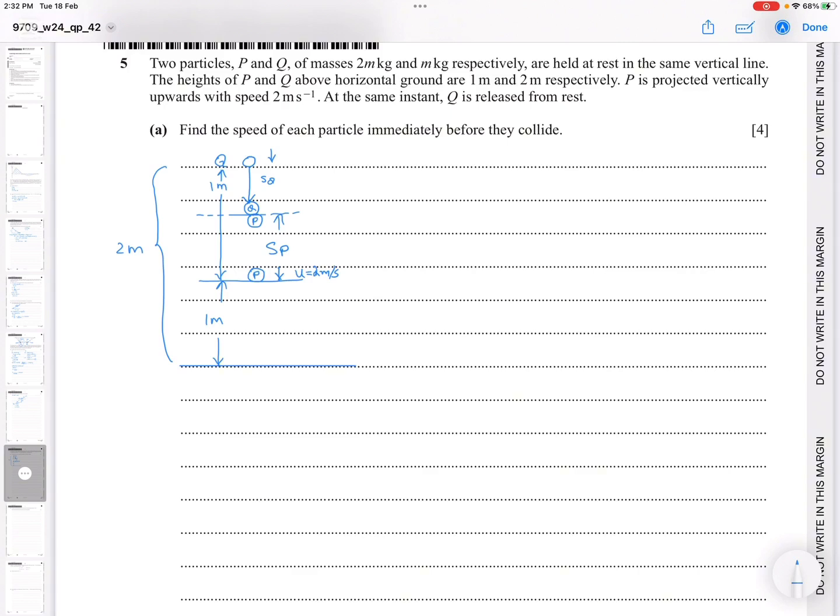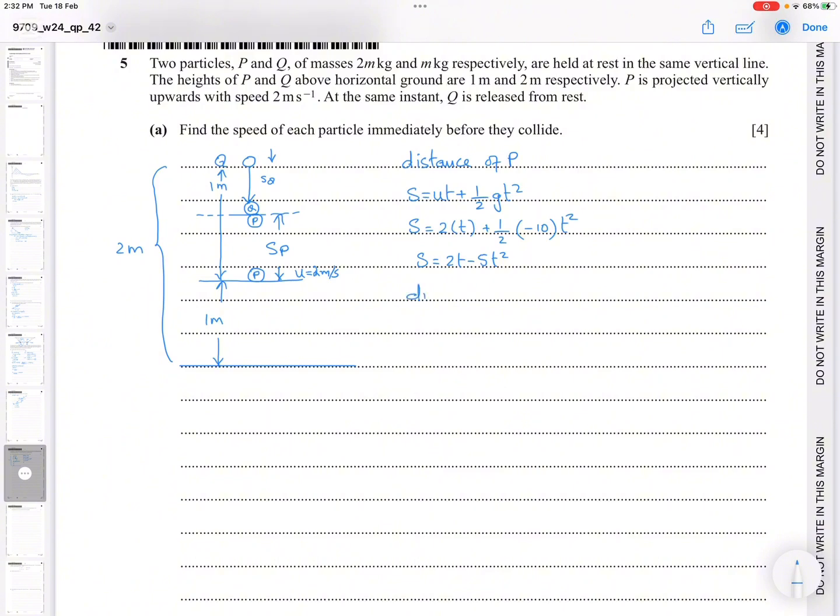So now let's find out the distance of P. I'm using s is equal to ut plus half gt square. So s is equal to, my initial velocity is 2 and my t is t, plus half, my g is minus 10 because it's going upward, and t square. From here, when you simplify it, you get 2t minus 5t square.